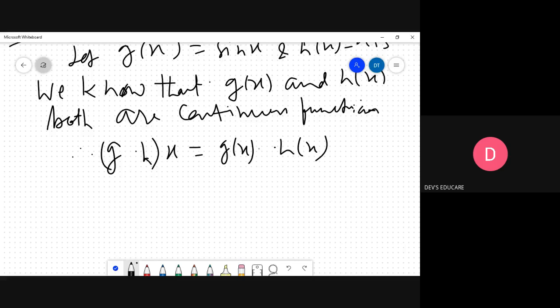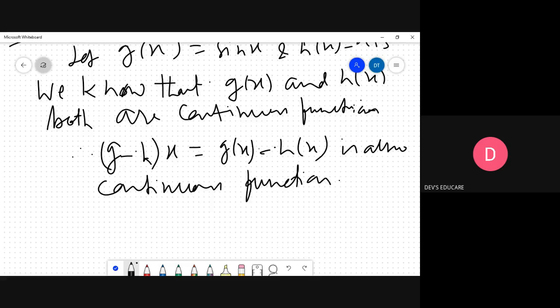It is g minus h, which is also a continuous function. So f(x) is continuous.